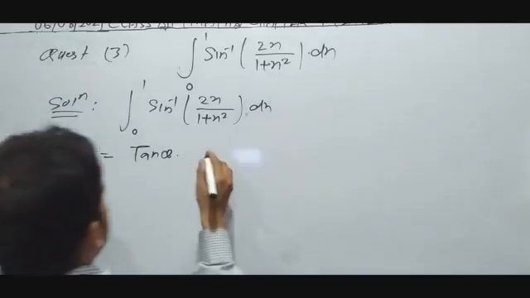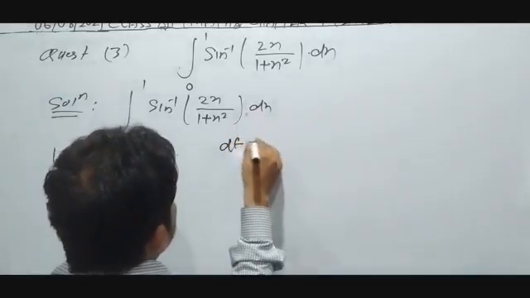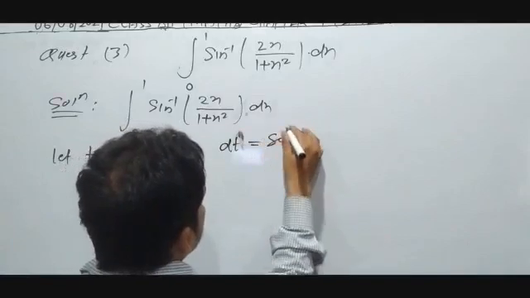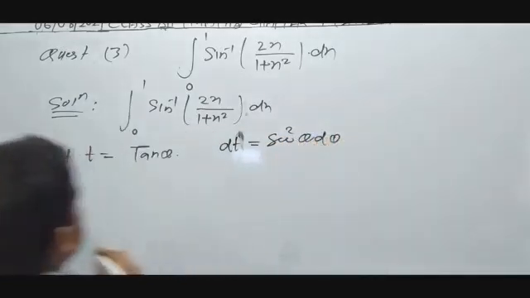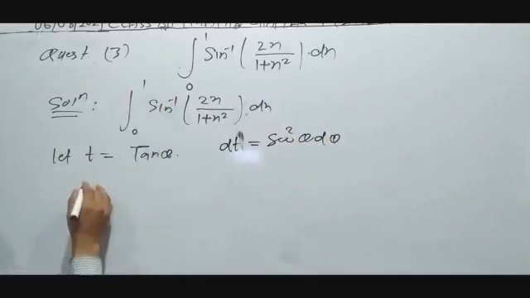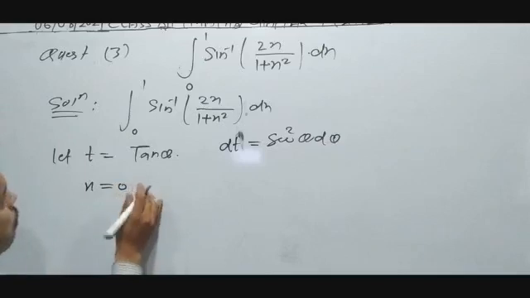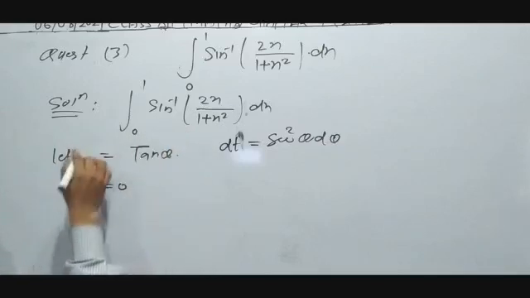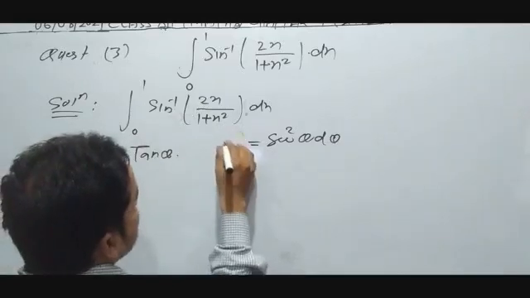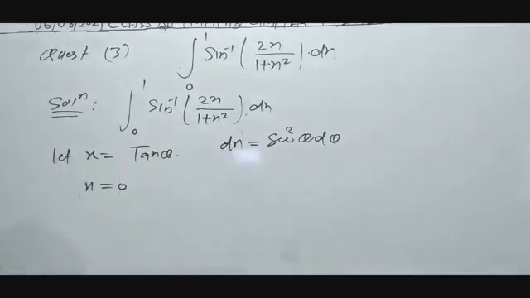Let x is equal to tan theta, then dx will be equal to sec square theta d theta, and the limit can also be converted.